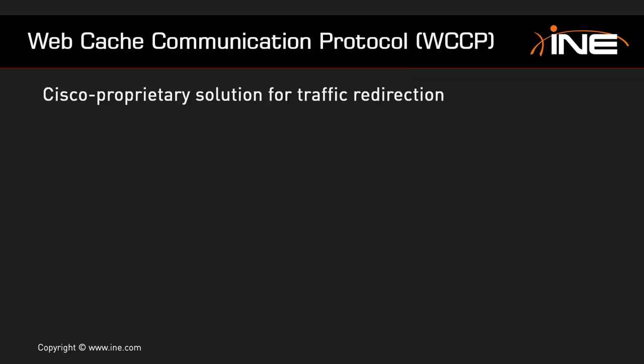As we just saw with transparent redirection, this deployment relies on a special protocol, the Web Cache Communication Protocol, WCCP, which is used to perform the redirection. WCCP was originally created for so-called content caching engines, content caching appliances, where the goal was to reduce congestion on low bandwidth WAN connections by caching certain content.